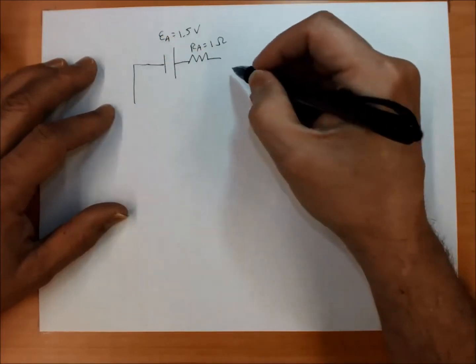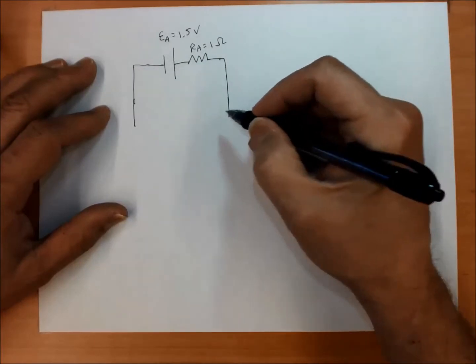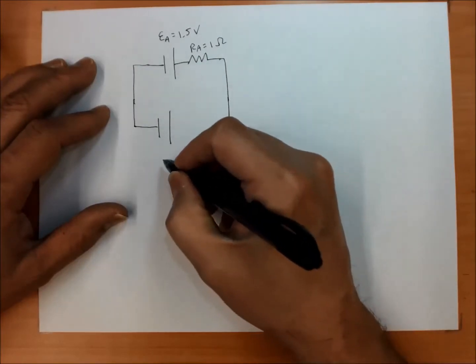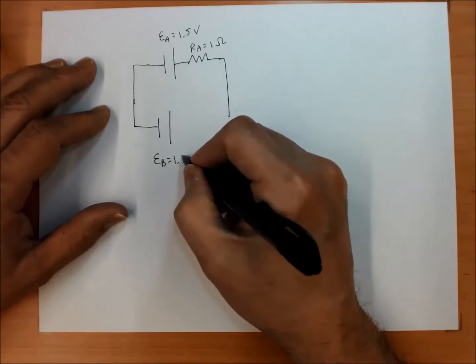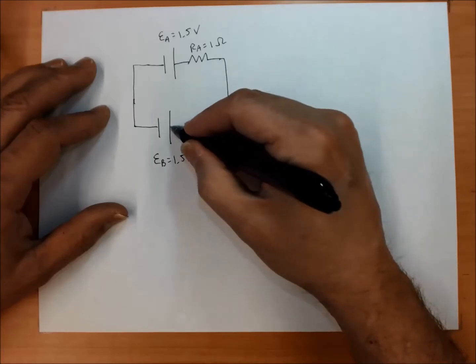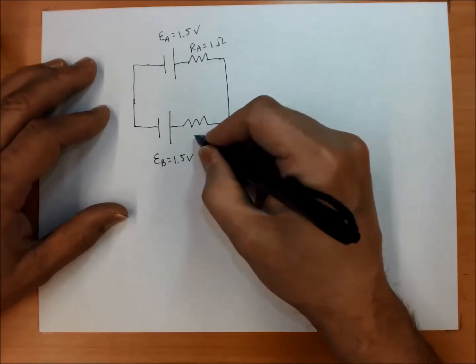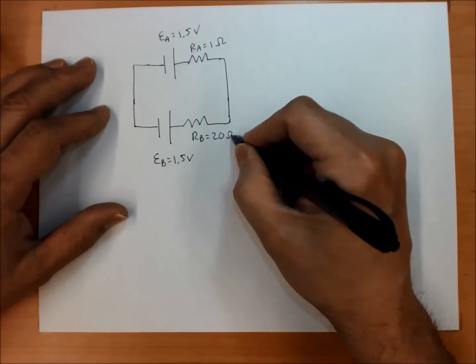And now this is in parallel with another battery whose EMF, call it EMF B, is still 1.5 volts, but its internal resistance, because it's an older battery, has gone up to 20 ohms as before.